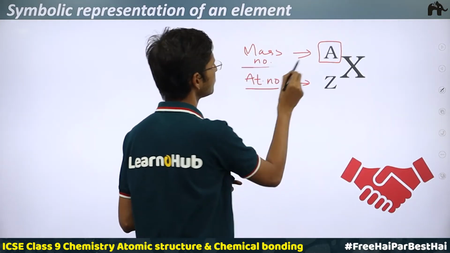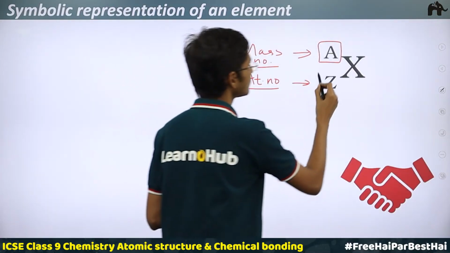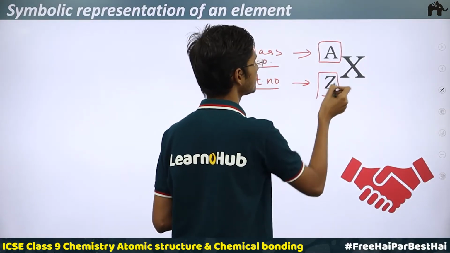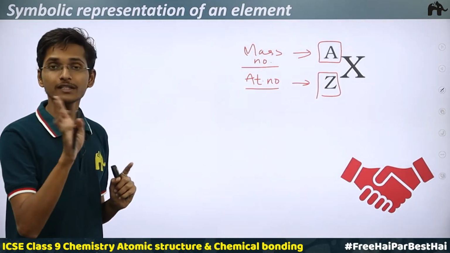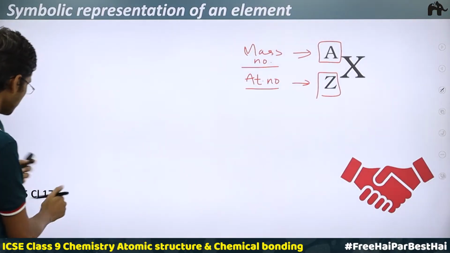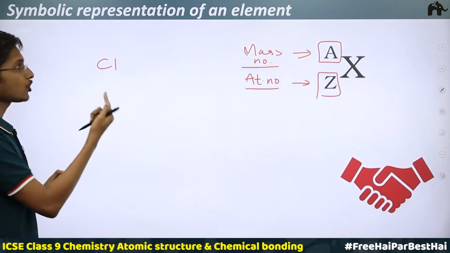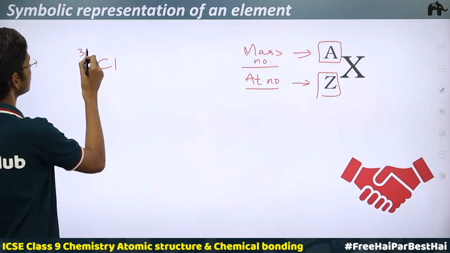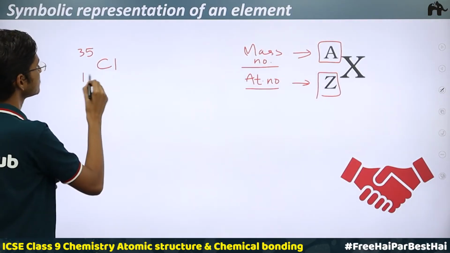So we can symbolically represent an element by these two things, mass number and atomic number, along with the symbol of the element as well. For example, I am taking chlorine. Chlorine's mass number is 35 and chlorine's atomic number is 17.